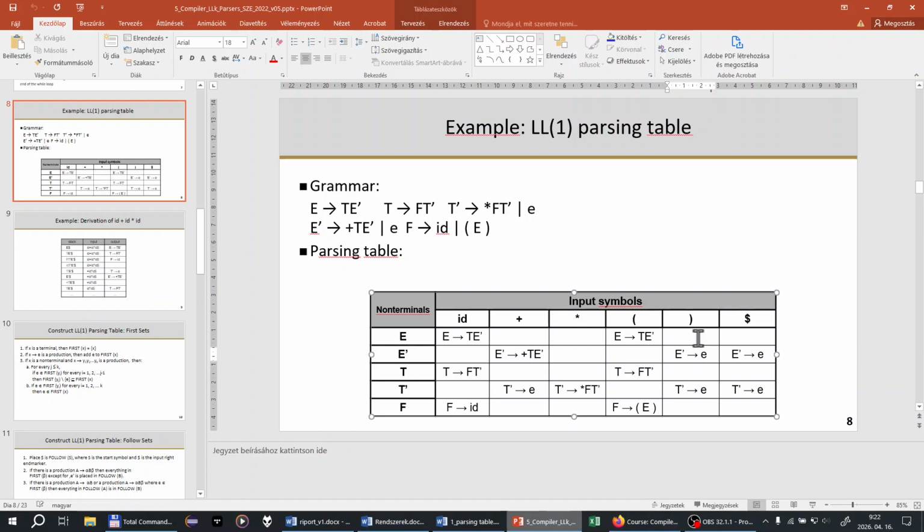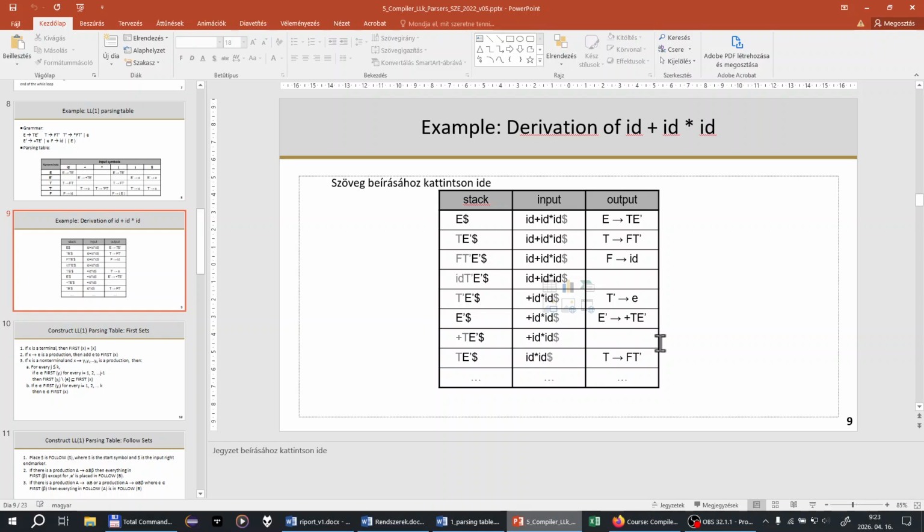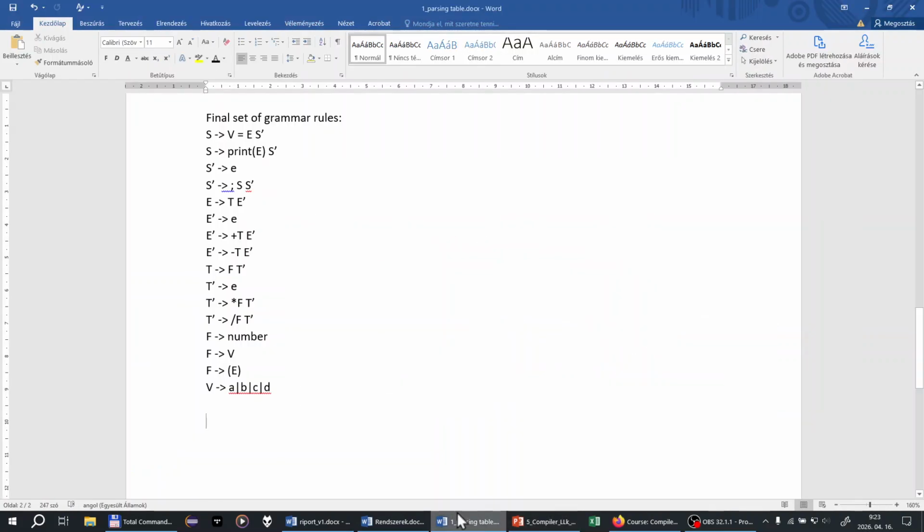So what we can see in the input is not a symbol derived by this grammar rule, because this one does not lead to any terminal symbols. Instead, what we can see in the input is something which follows this E prime, for example. Okay, let's see how to compute these first sets.